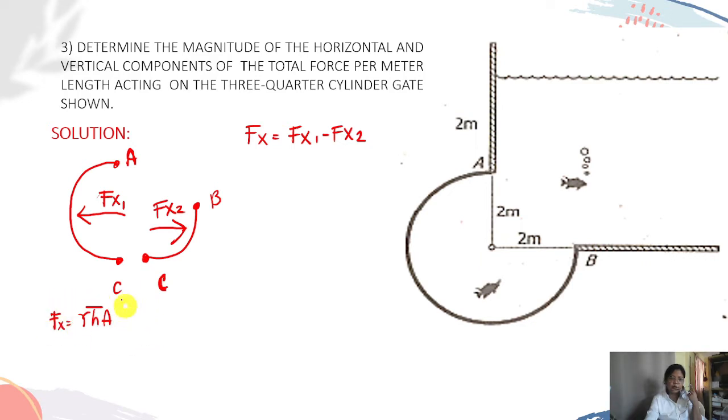That is forever and always the formula for the horizontal force. So, gamma h bar A. Paano natin malalaman? For Fx1, sige na, for Fx1, dito na lang, that is 9.81 ang ating unit weight. H bar 1 is the location of the centroid of this semicircle with respect to the water surface.